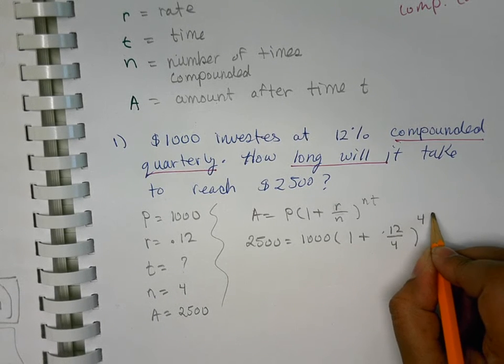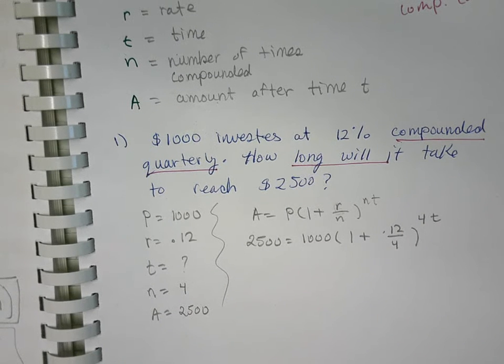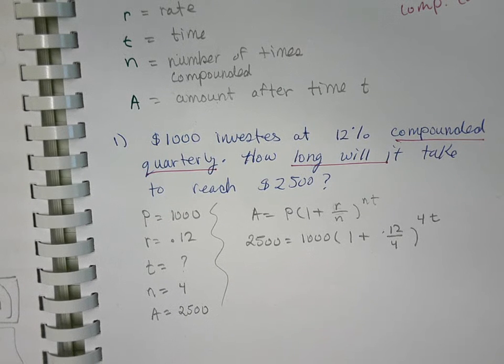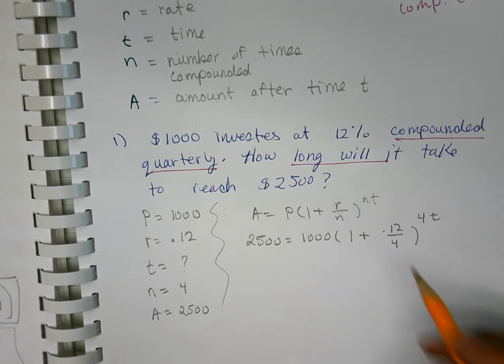Do you guys agree? Where is your exponent? Your exponent is T. Where is your variable? It's in the exponent. Which means I'm going to try to get this by itself.